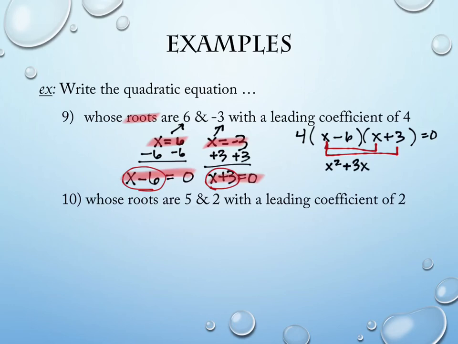Then we're going to do the inner. So that's my negative 6 times my x, which gives me negative 6x. Make sure it's negative. And then the last terms, I have negative 6 times 3, negative 18. All of this has a 4 in front of it, and it's set equal to 0. The pieces inside here, typically at this point something will combine, and something does.